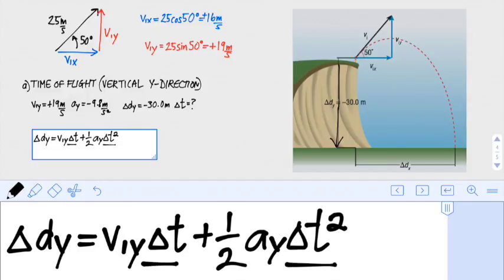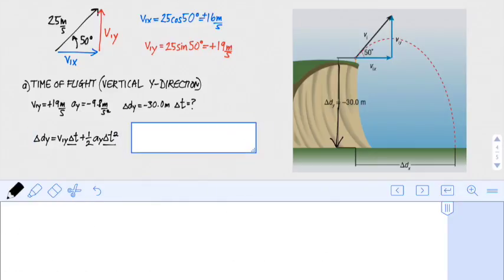In previous examples, for type 1 and type 2 projectile motion, we were allowed to simplify this equation based on the information given in the question, and it allowed us to avoid using the quadratic formula. But in this situation, there's nothing we can do to simplify this, so we need to use the quadratic formula.